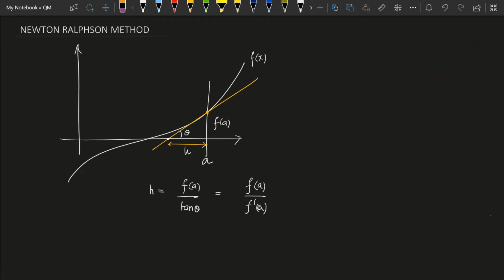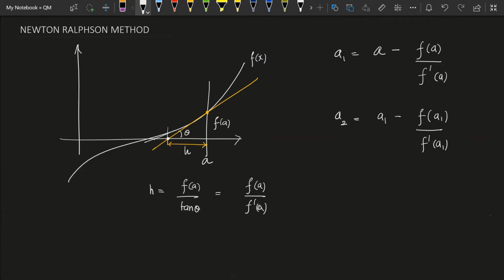So what we have to do is we have to start with a point A, then subtract from A f of a by f dash of a. If you do that, you will reach this point. And then we set this new point as our new A, let us call that A1. And then we keep on doing this. Our A2 will be A1 minus f of A1 by f dash of A1. So it is like drawing a tangent out here and finding the point where that intersects.